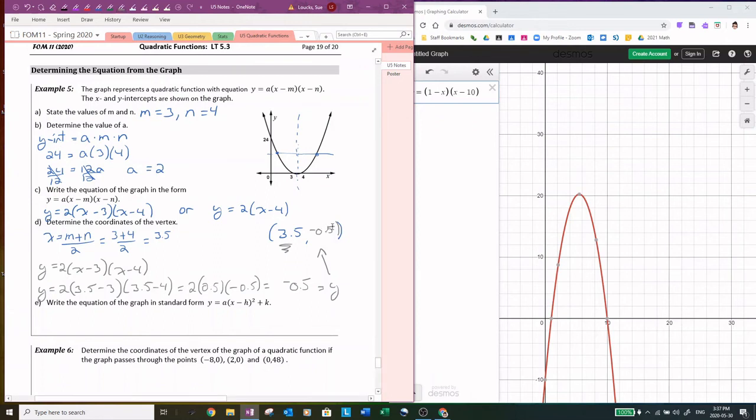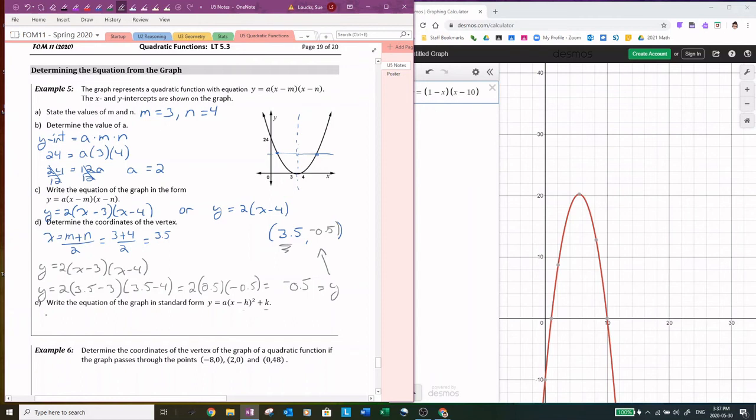And then write the equation of the graph in standard form. So now to do that, in Foundations of Math 11, we don't learn how to do this algebraically. It's quite tricky to do it algebraically, but we do know the vertex now, so we can just plug the vertex in here, okay?